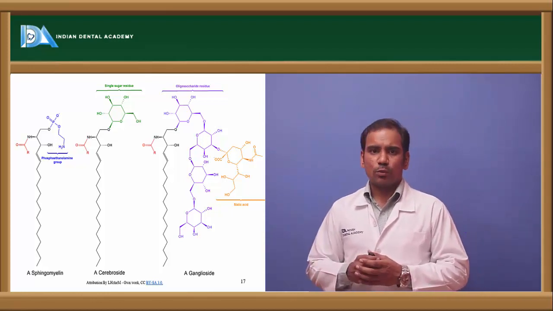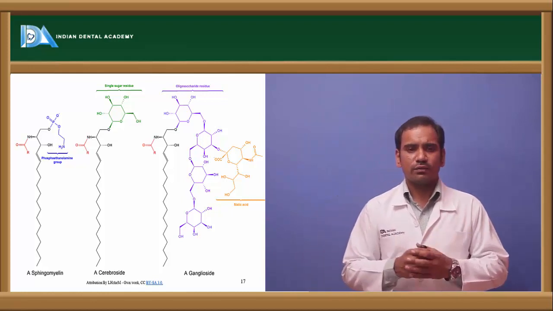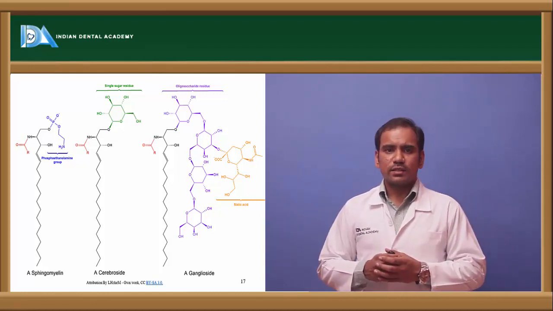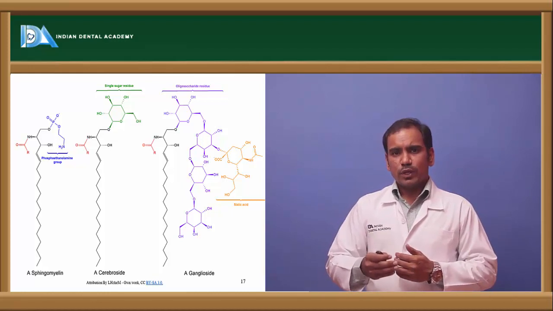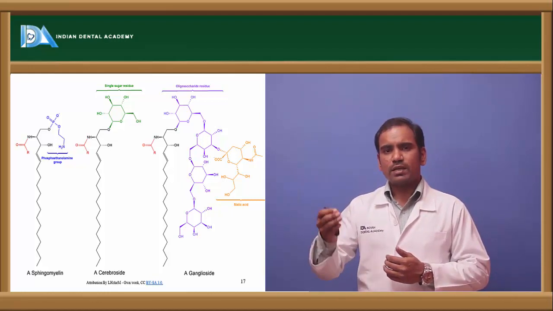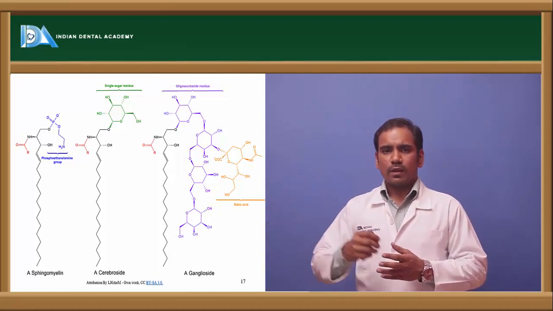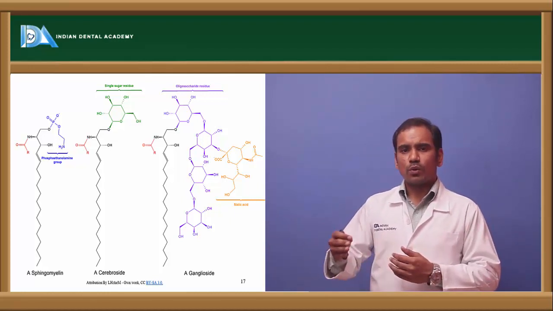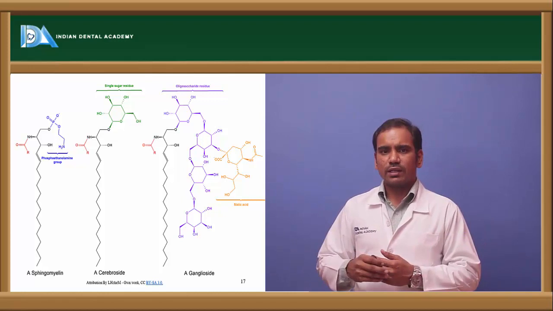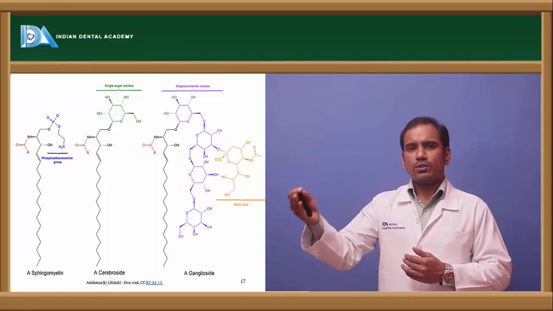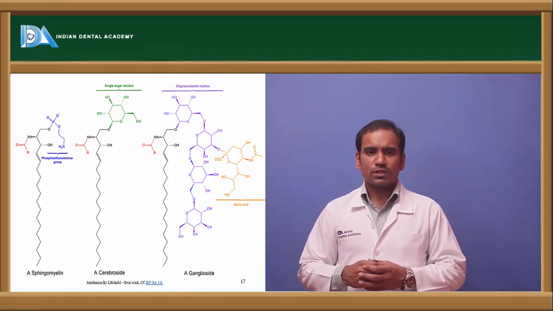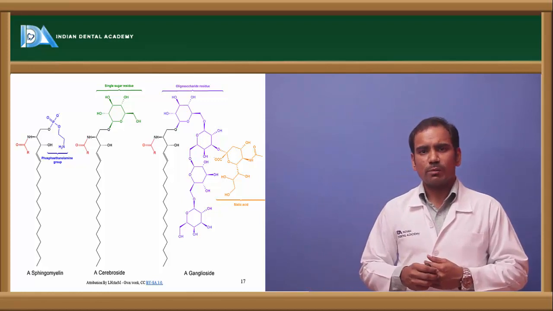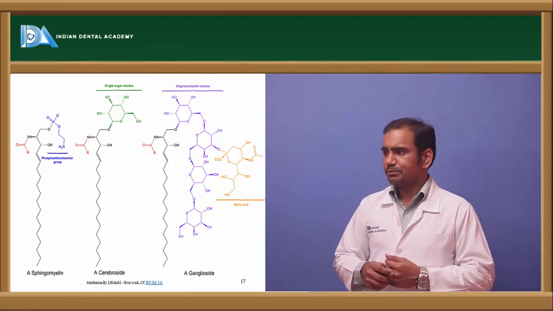So the basic composition in globosides is ceramide, meaning sphingosine plus fatty acid, plus two or more monosaccharides. They may have glucose, galactose, or glucose, mannose, galactose, like that. They have two or more monosaccharide units. Such types of glycolipids, we call globosides.